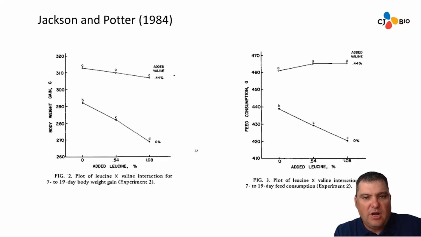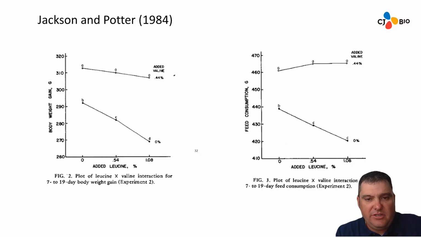This is not a new concept. Jackson and Potter in 1984 published a paper in turkey poults showing the impact that added leucine in the diet had on body weight gain and feed consumption. As they added leucine in a diet containing no L-valine, they saw significant reductions in feed intake and body weight gain.